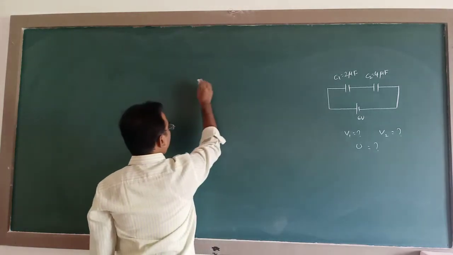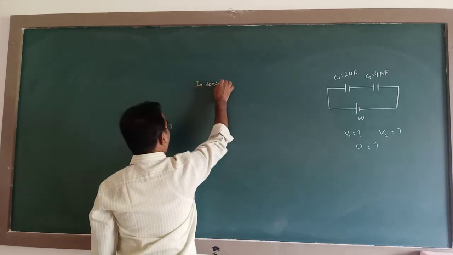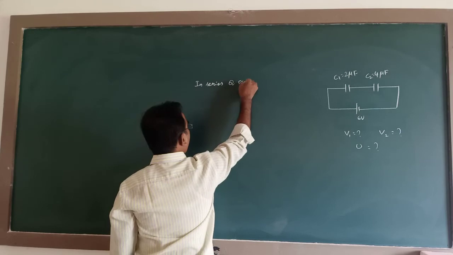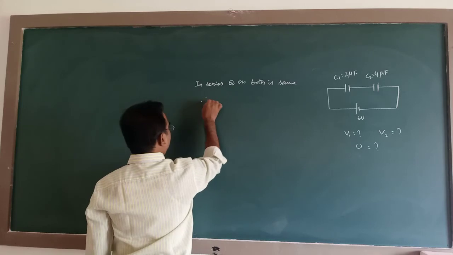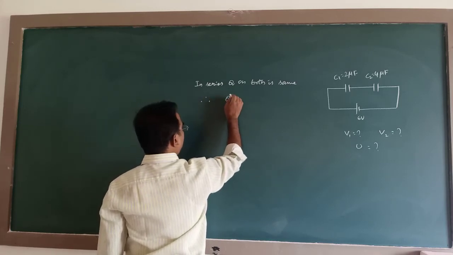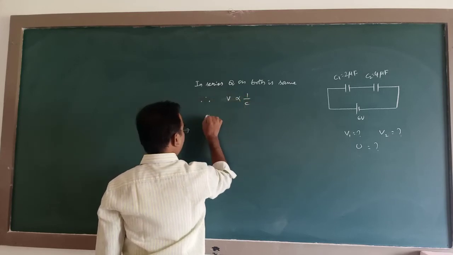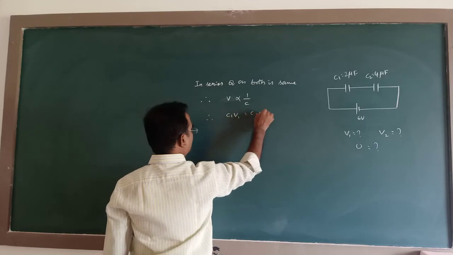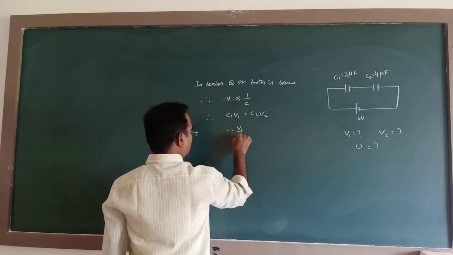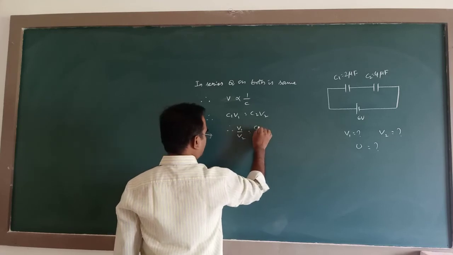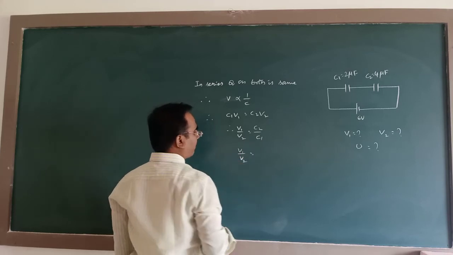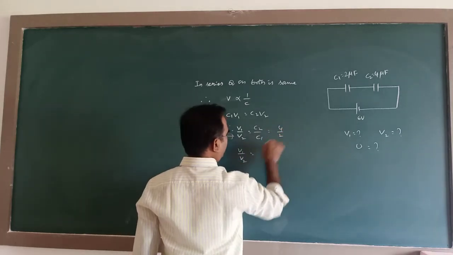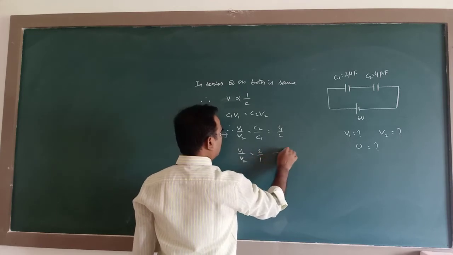So in series Q on both is the same, therefore V is inversely proportional to C. Therefore C1 V1 is equal to C2 V2, so V1 by V2 is equal to C2 by C1, which is 4 by 2, so it is 2 divided by 1. This is equation 1.